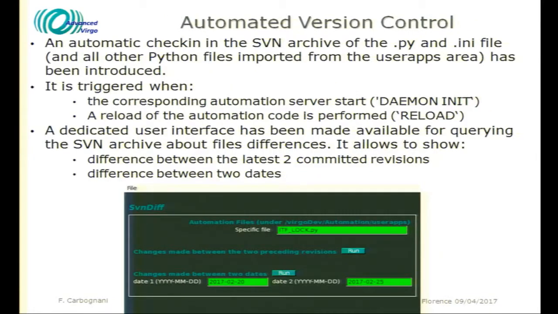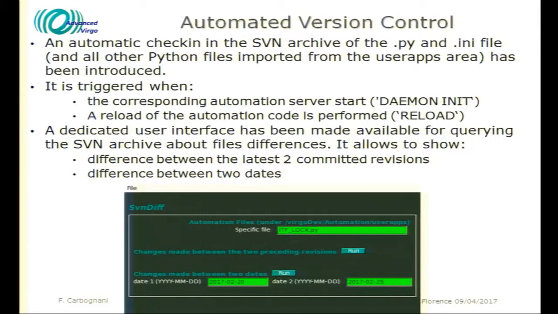And just a little note on version control. You are developing really a lot of code, and we need to keep track of it. What we have done is that as soon as you start one of those node servers or you load your code, this is automatically put under version control. This is very important.